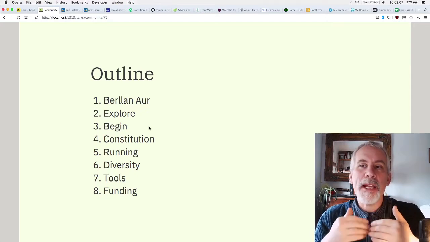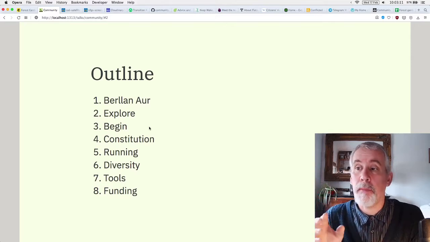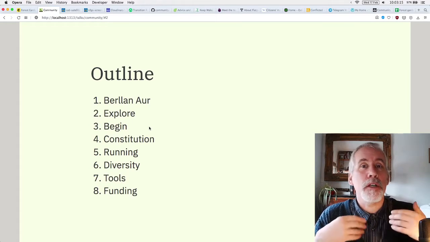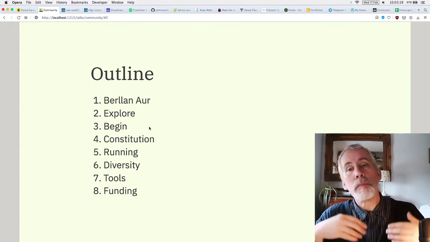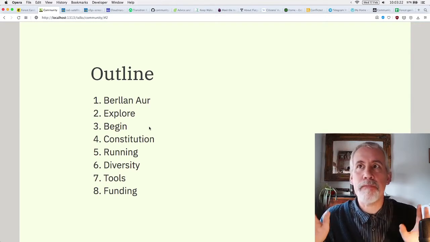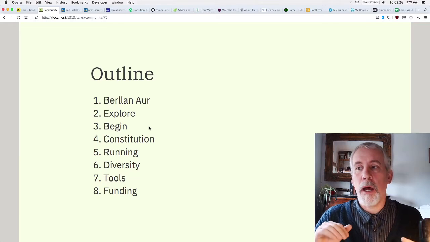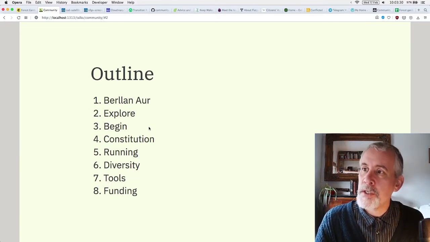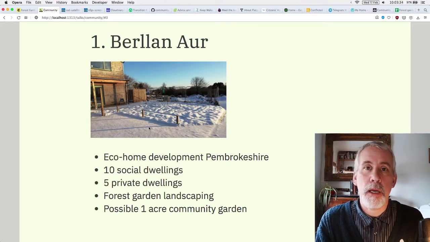It's practical, looking ahead and trying to figure out where the issues are going to come in. Then there are the tools that you can use to facilitate the community forest garden. And finally, I'll look at funding, very briefly, because it's not something I've done to any degree, but just to give some pointers.